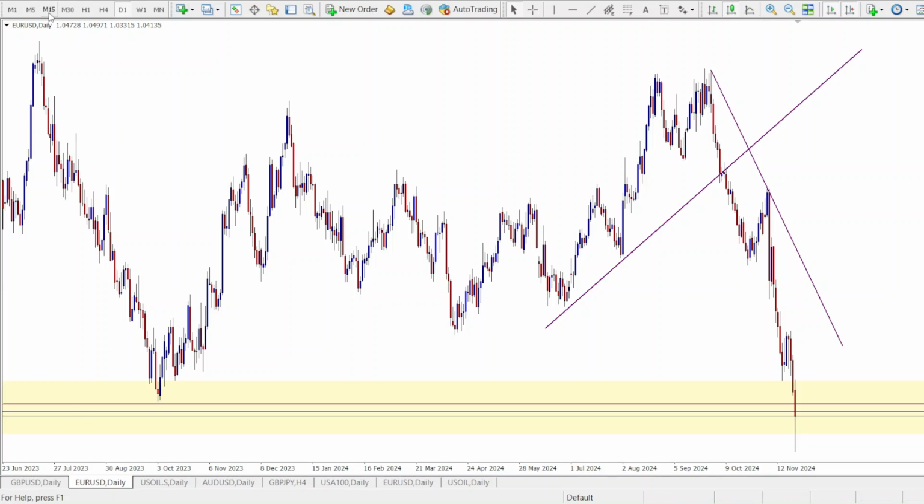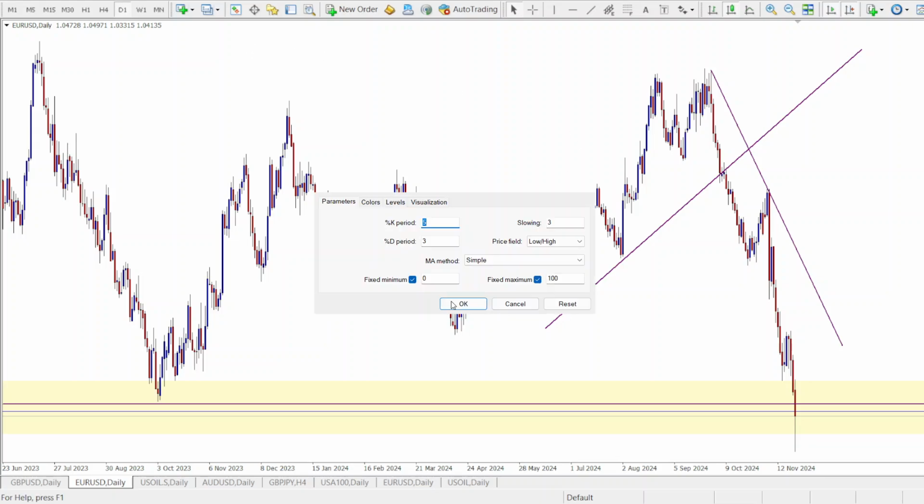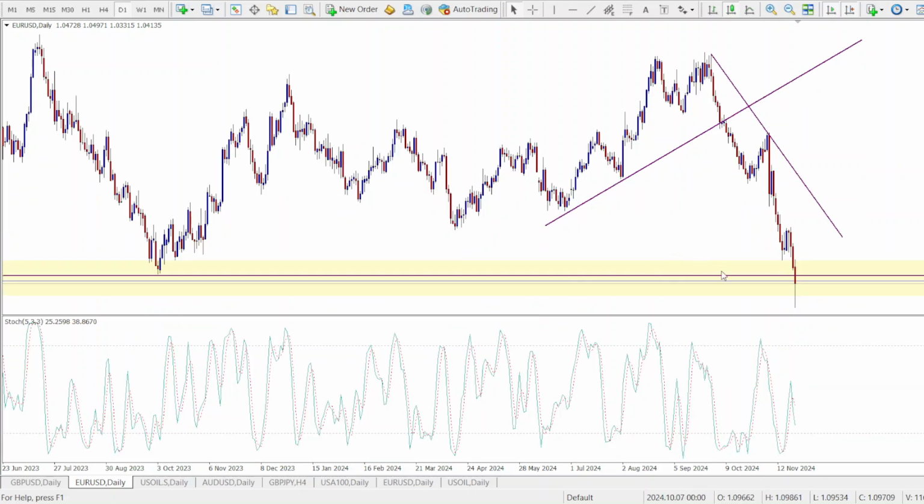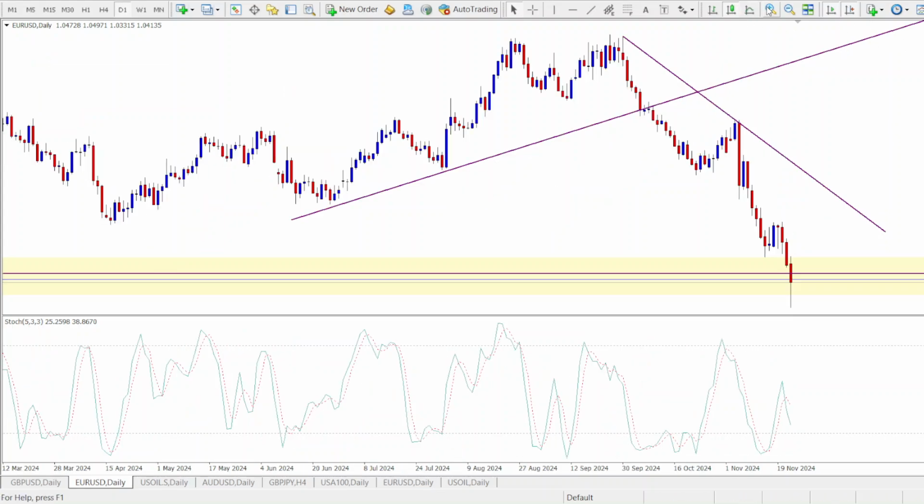Now, in addition to that indicator, you can actually decide to add another indicator just for additional confirmation. For example, we can decide to add the actual stochastic oscillator on the chart, just to watch out for a possible exact signal.